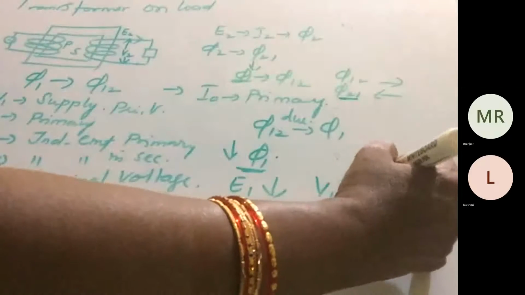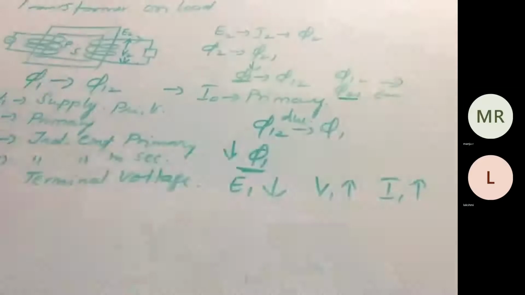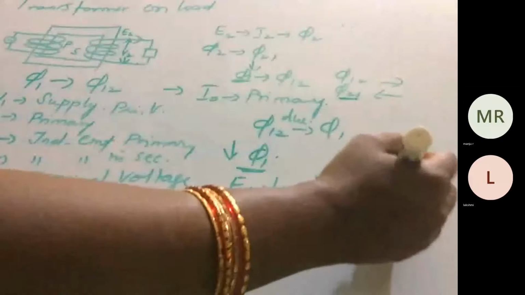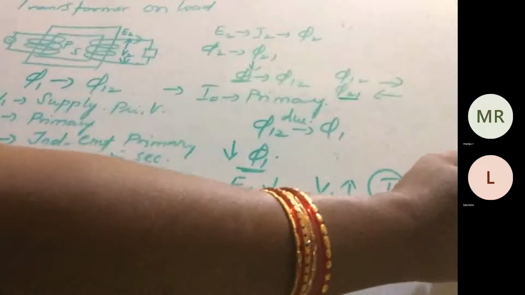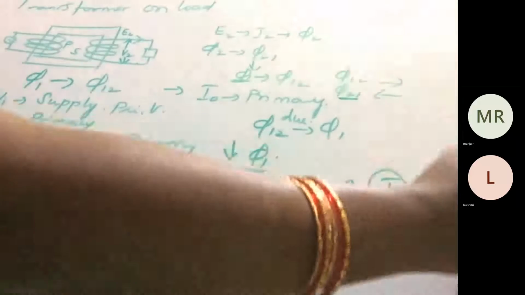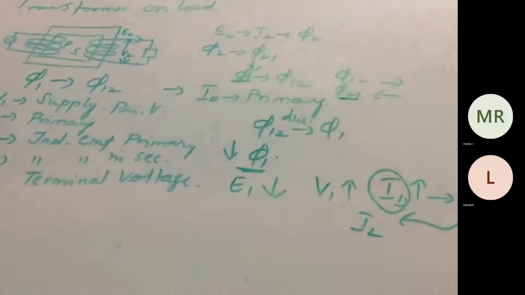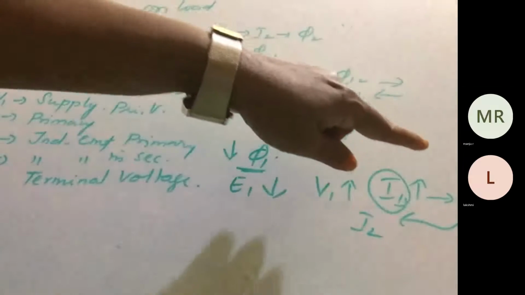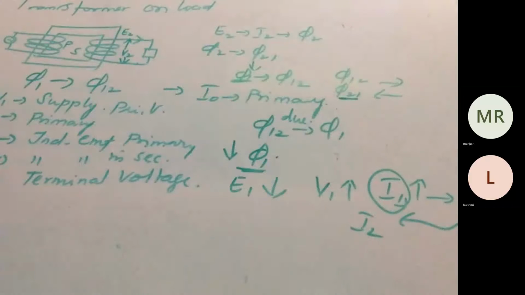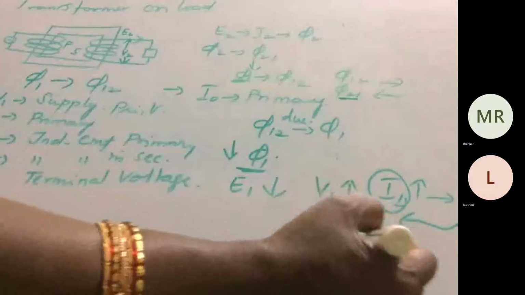Due to V1, the I1 current will increase. How is I1 increased? Due to phi 2, which is due to I2. Due to I2 only, that flux phi 2 opposes the flux phi 1, so it reduces the EMF and increases the supply voltage, so the current also increases. This is because of I2.